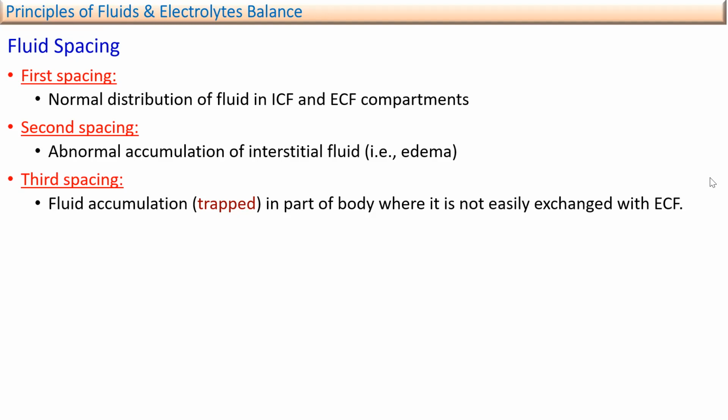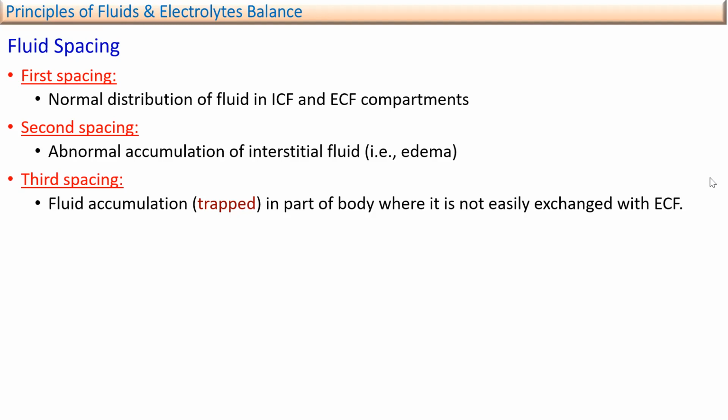Examples are edema, swelling, CHF, patients with varicose veins who have pooling or stagnation of blood in the lower extremities due to incompetent valves in the veins, or patients with low albumin, hypoalbuminemia, or hypoproteinemia. Low protein in the plasma will allow fluids to leak out of the blood vessels, resulting in second spacing, which is the edema or swelling.